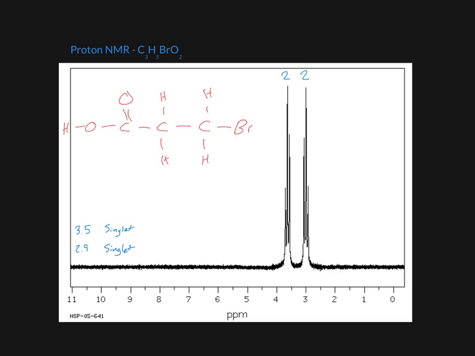Alright, so now as we can see, we have 1, 2, 3, 4, 5 hydrogens, which is good. 1, 2, 3 carbons, which is good. Our oxygens, 1, 2, and our bromine here. So we have included all atoms.